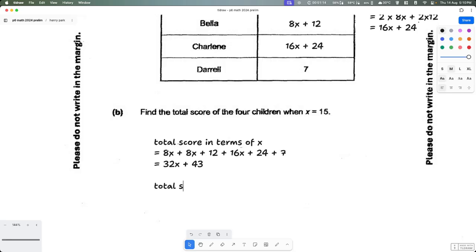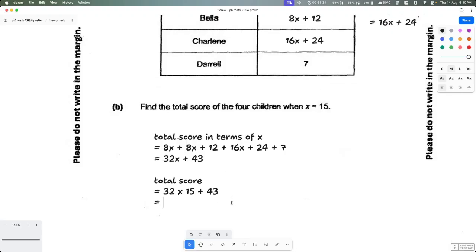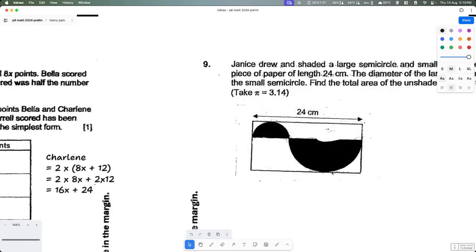So total score will be 32 times 15 plus 43. That gives 523. And that's the answer, 523. Okay, let's move on to the next question.